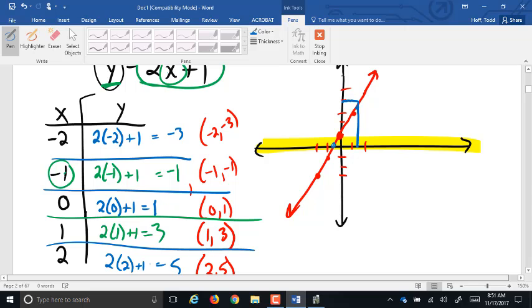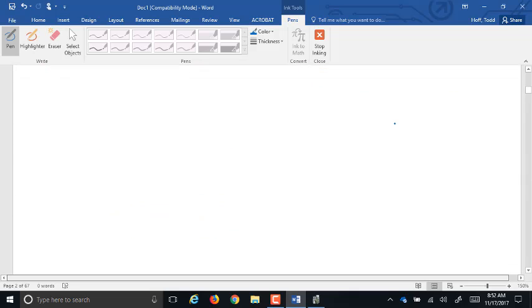I might find here where x is -0.5, y is 0. That's the solution to that equation. Here, x is -1.5, y is -2. That's the solution to that equation. Every point on that graph. Now, not every graph makes a line.